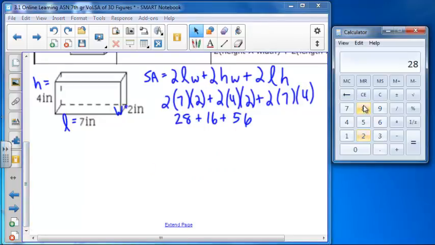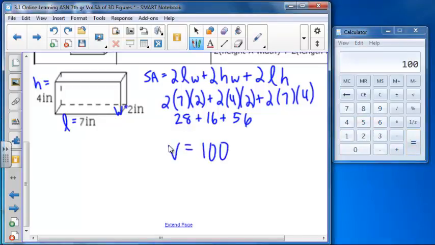So you can follow along. 28 plus 16 plus 56. The surface area is 100 inches squared.